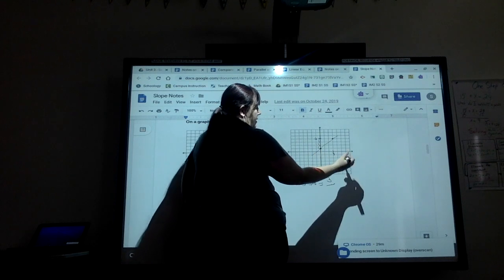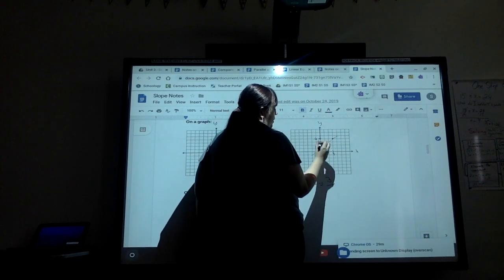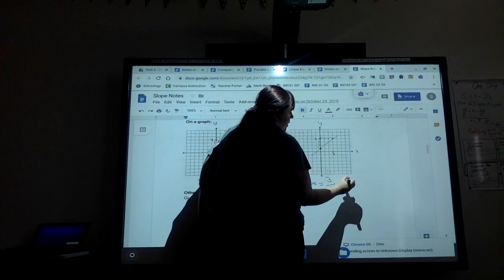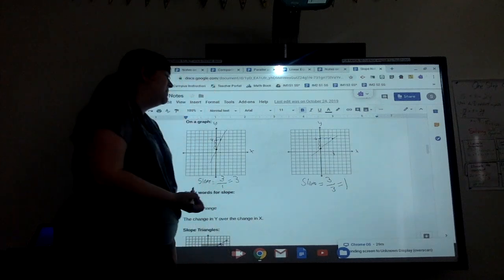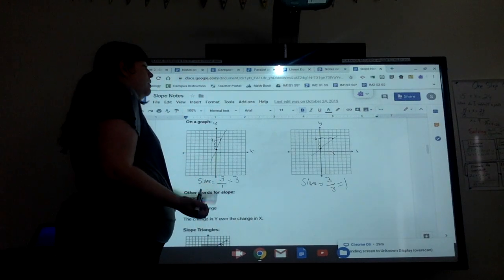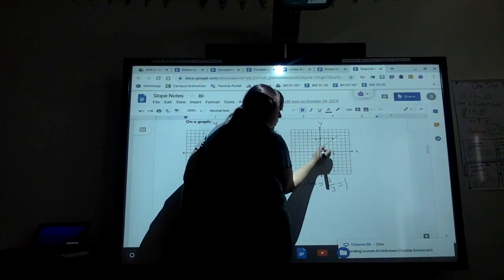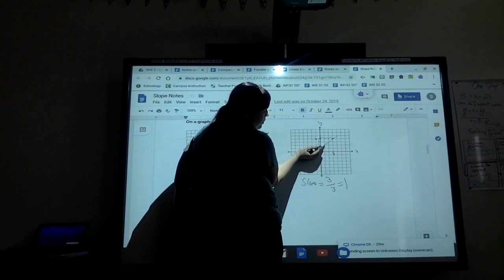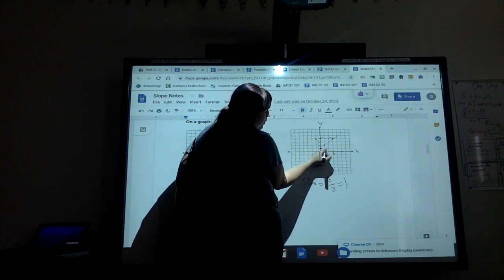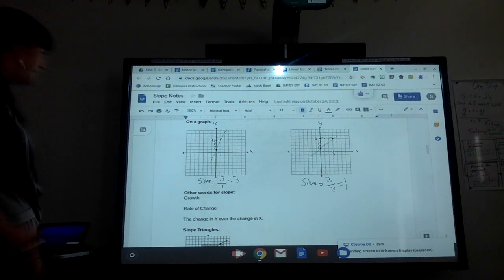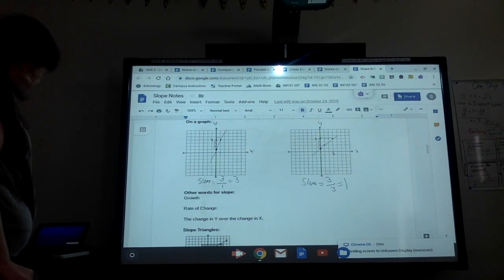But how much time did it take? How much did my x's go over? They went over 1, 2, 3 as well. 3 divided by 3 is 1, which means for each new 1, I only go up 1. And if you look from this point, if I just went over 1, this line crosses right here where it does go up just 1. See it? This dot right here? I went over 1, up 1. And that's how you figure it out for a graph.